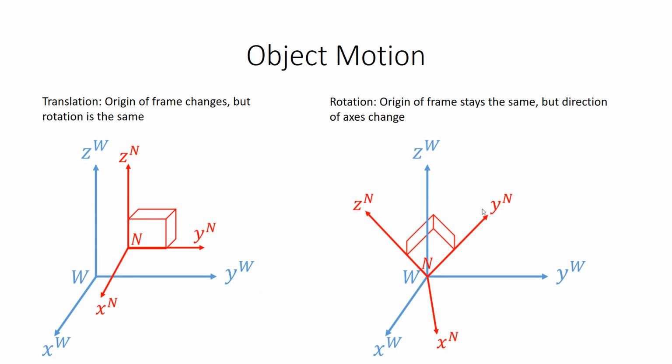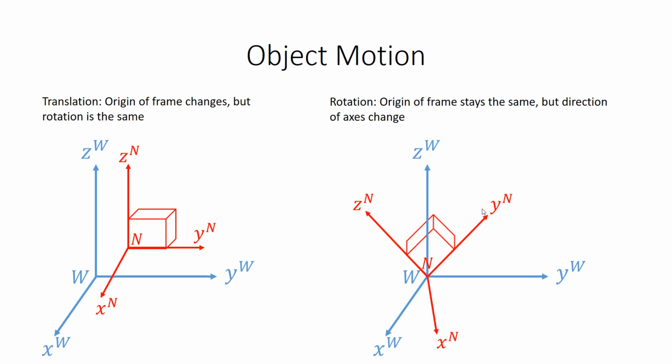Okay, so now what we want to look at is how do we actually represent motion with these? How do we represent objects moving around in space? There are two types of motion. There's translation, and that's when the origin of a frame changes, but the rotation stays the same. And there's rotation, which is kind of the inverse: the origin of the frame stays the same, but the direction of the axes change.